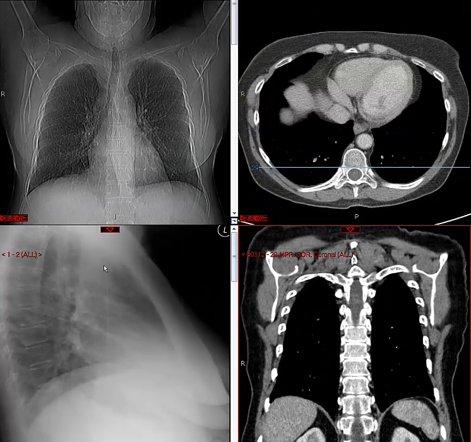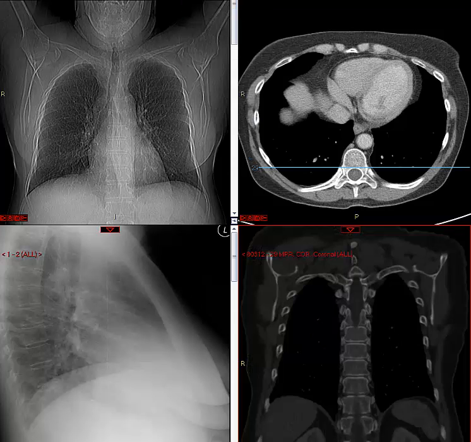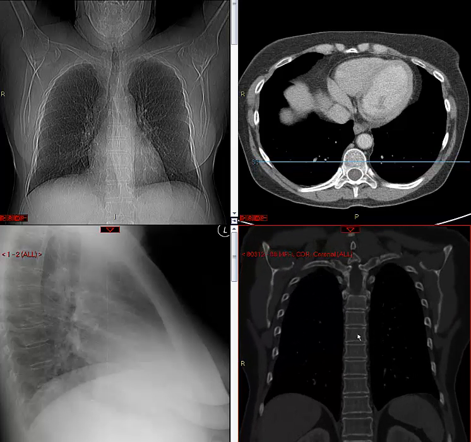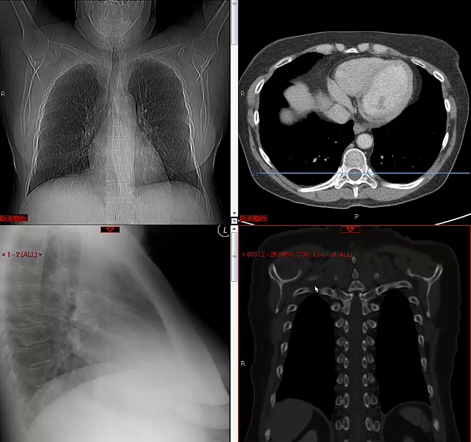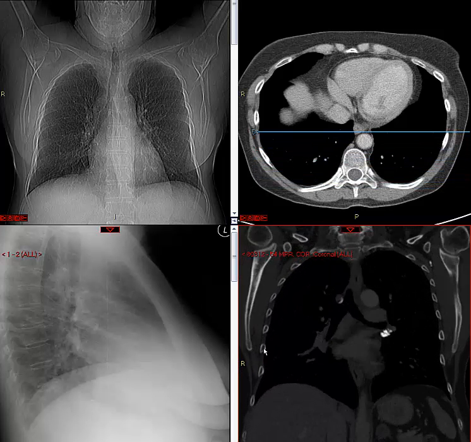As for osseous structures, again, let's change our windowing. And you can see the spine back behind. This is the thoracic spine. You see vertebral bodies here, and you see the ribs as they make their way through the chest wall here.